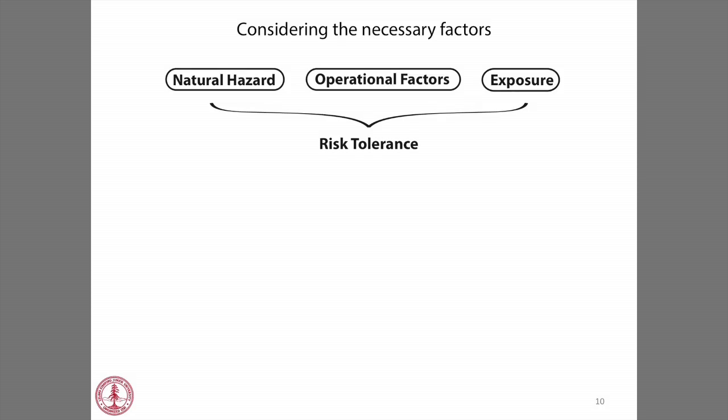So in order to do a risk assessment, we first need to consider the necessary factors. That includes the natural earthquake hazard in the area, or the likelihood that an earthquake might occur, or that you might experience a specific level of ground shaking, as well as the exposure. So that was the vulnerability component that I talked about before with natural earthquake hazard. In addition to that, we have a very unique portion of understanding risk for triggered and induced earthquakes, and that is what we call the operational factors.